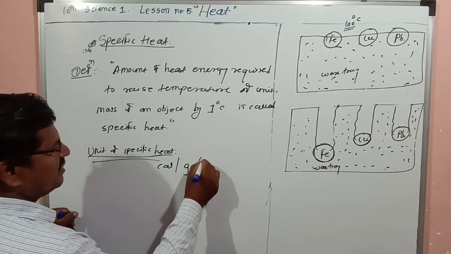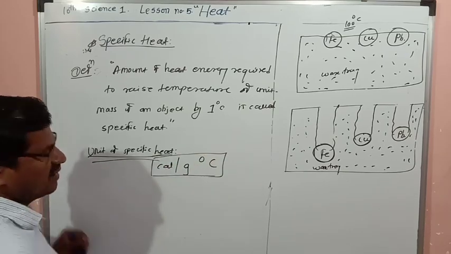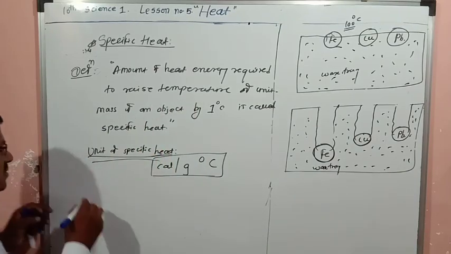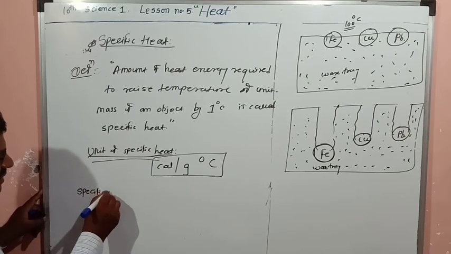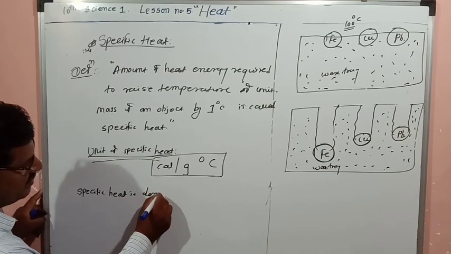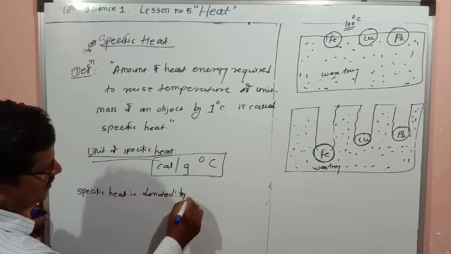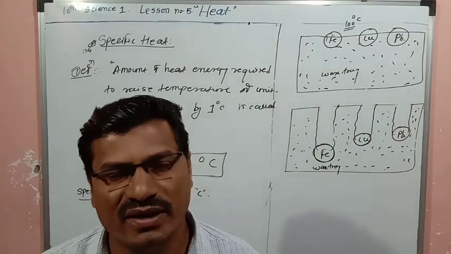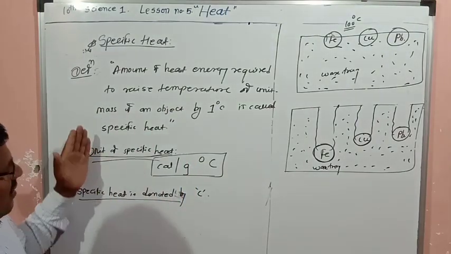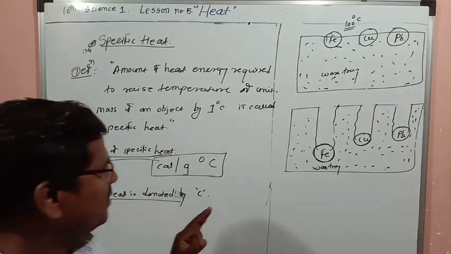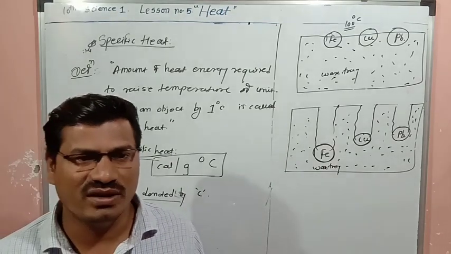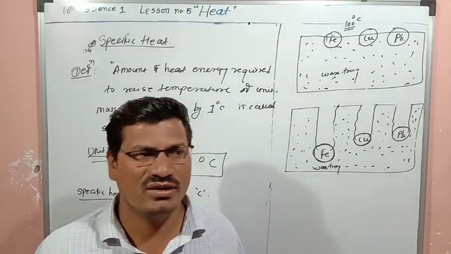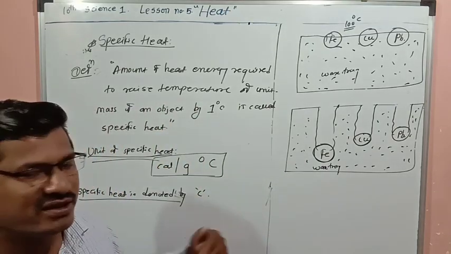Another thing is that specific heat is denoted by the letter small c, and the unit is calorie per gram degree Celsius, or kilocalorie per kilogram degree Celsius. So this is the SI unit you can consider.